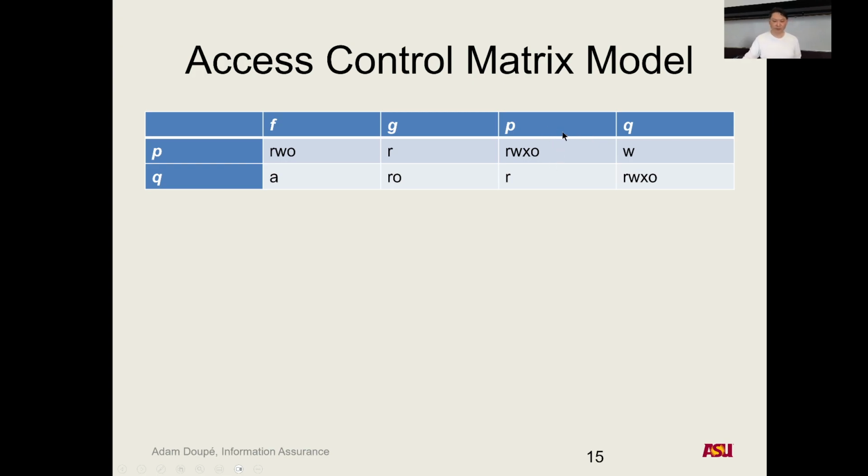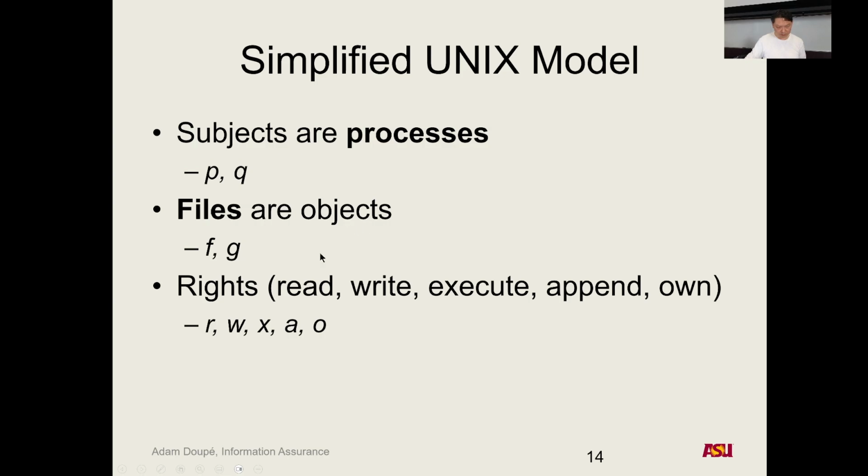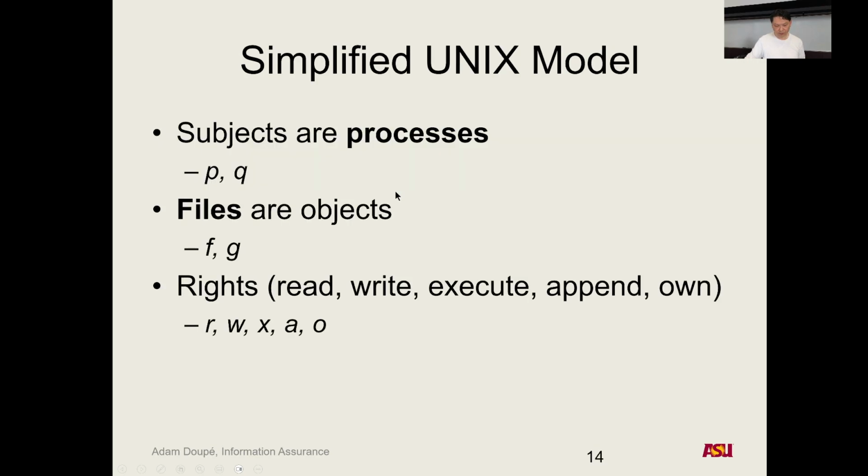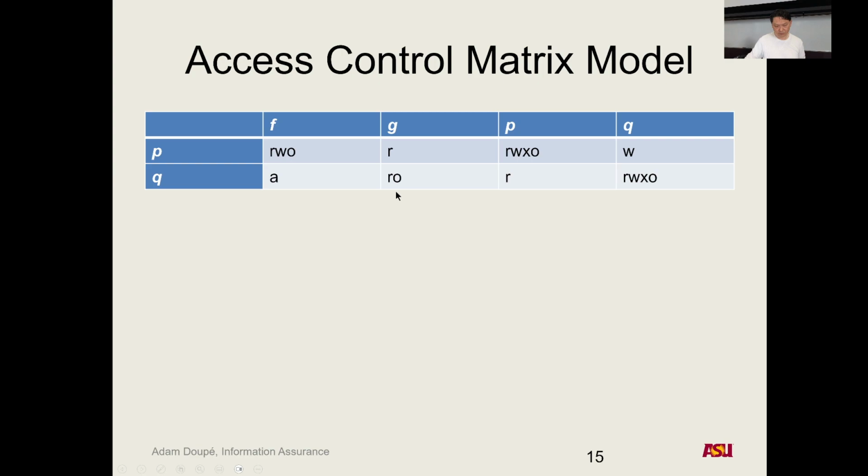They are not objects in this case. P and Q are subjects, and the objects are F and G, right? F and G are only objects. So you can see this table has some typo, maybe misspelled.